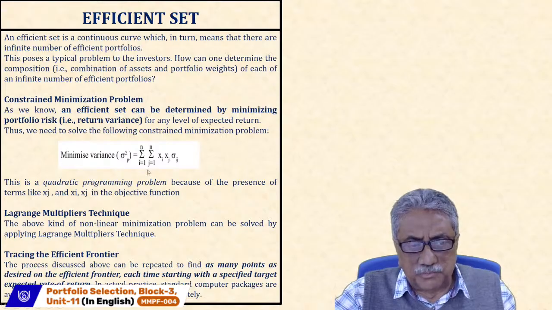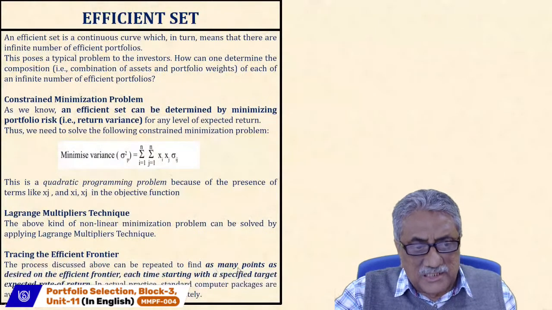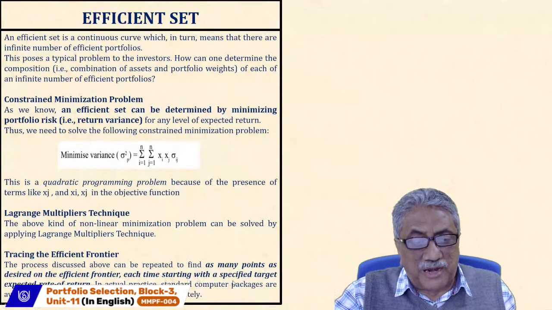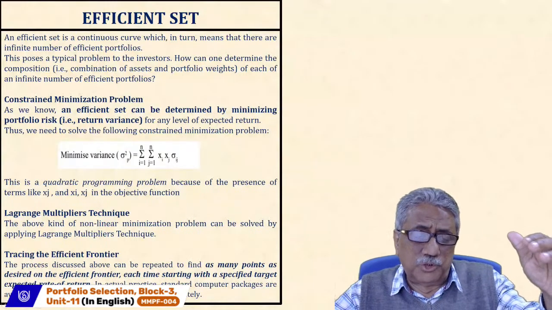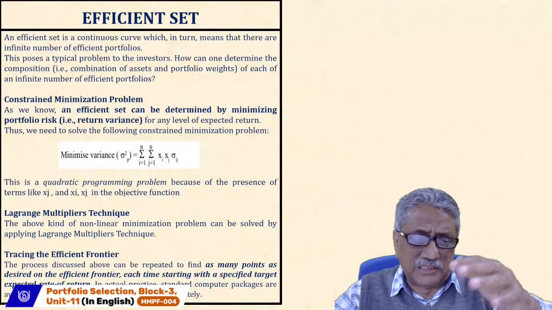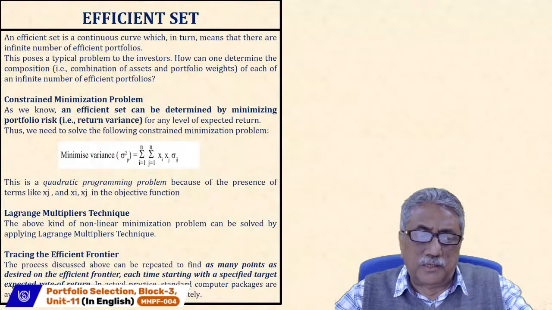This is the algorithm, a financial model. The process discussed above can be repeated to find as many points as desired on the efficient frontier, each time starting with a specified target expected return. So I'm starting from this return. If I take these stocks, it is easy to calculate; yesterday we have done it.